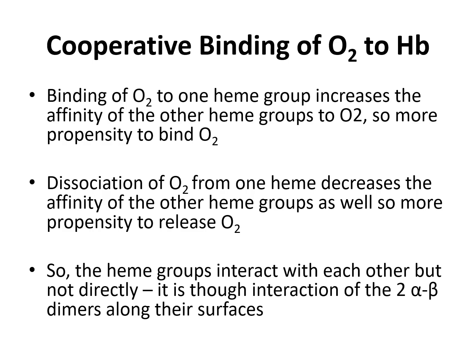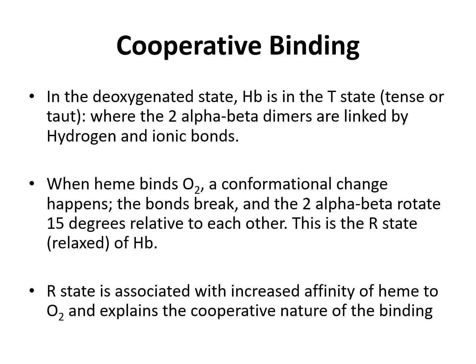So this change in the affinity of hemoglobin to oxygen as oxygen binds to the heme groups is related to conformational changes that happen when an oxygen binds to its heme group. So in the deoxygenated state, when there is no binding of oxygen to hemoglobin, we say that hemoglobin is in a state we call the T state, or a tense or taut state.